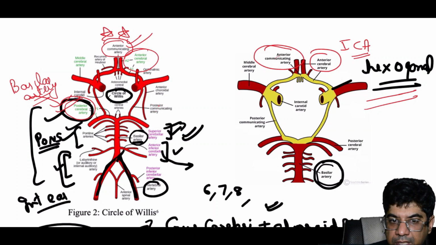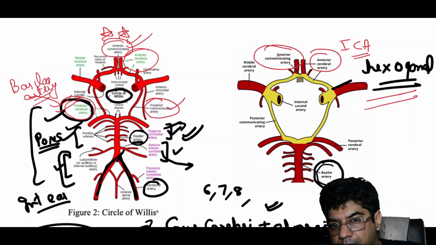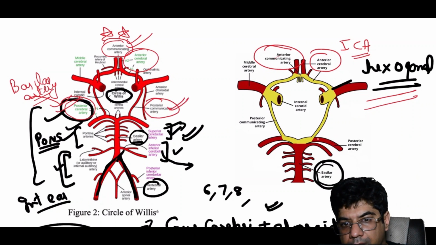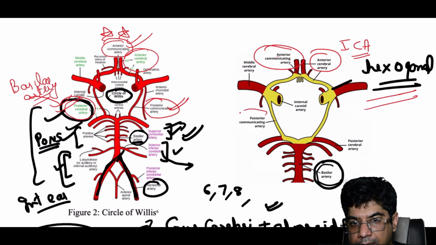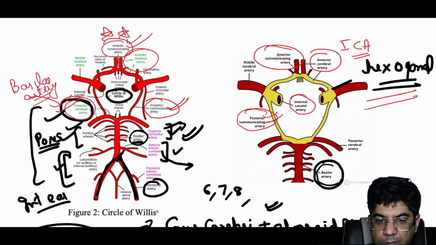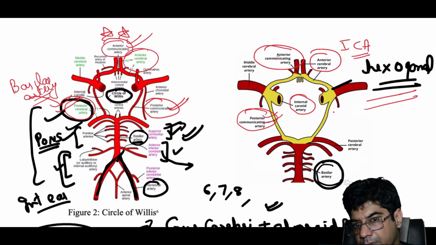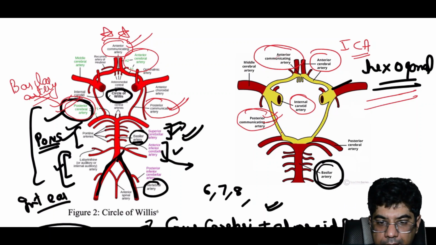They are connected by a posterior communicating artery. So the internal carotid artery and branches from the posterior cerebral artery are connected via the posterior communicating artery.